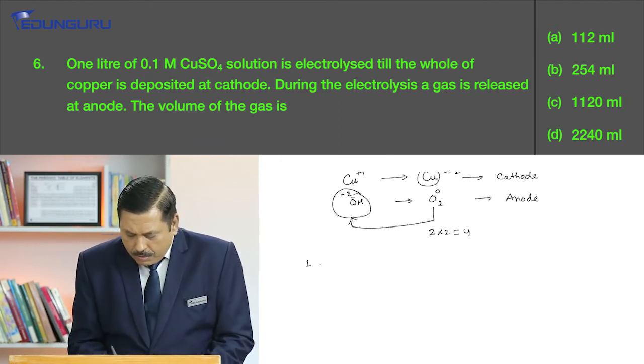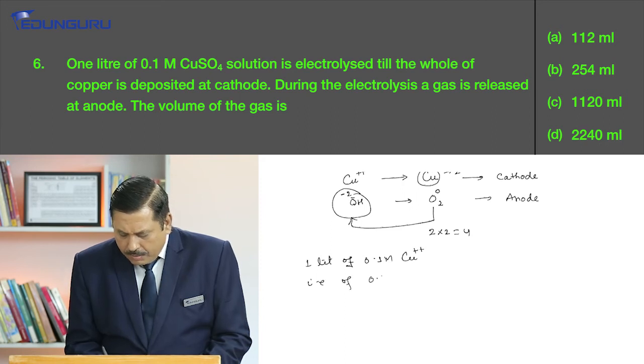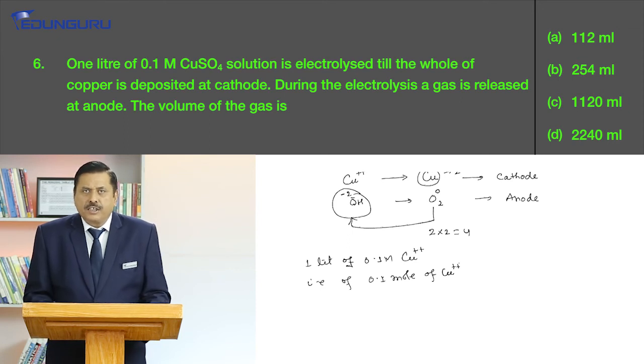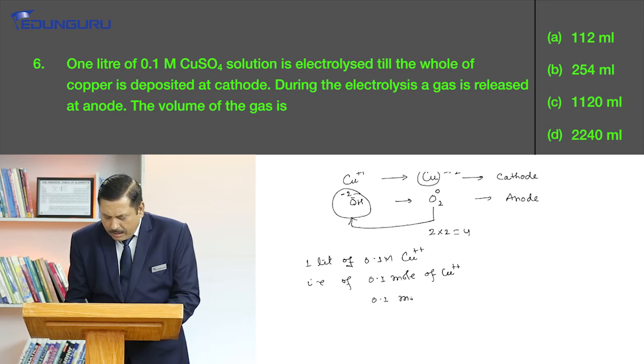We have 1 liter of 0.1 molar Cu++, that is, we have 0.1 mole of Cu++, and all the Cu++ has been reduced to Cu. Therefore, we have 0.1 mole of copper obtained at the cathode.